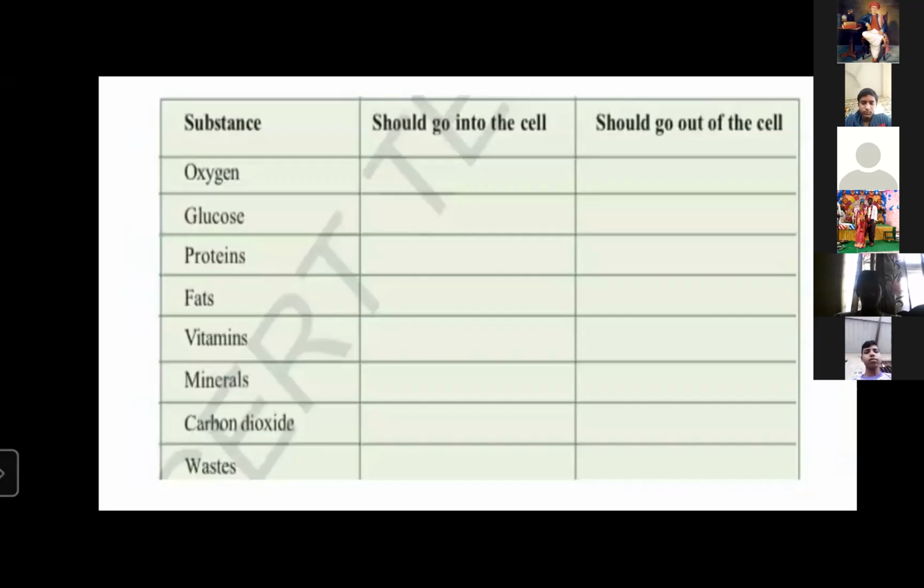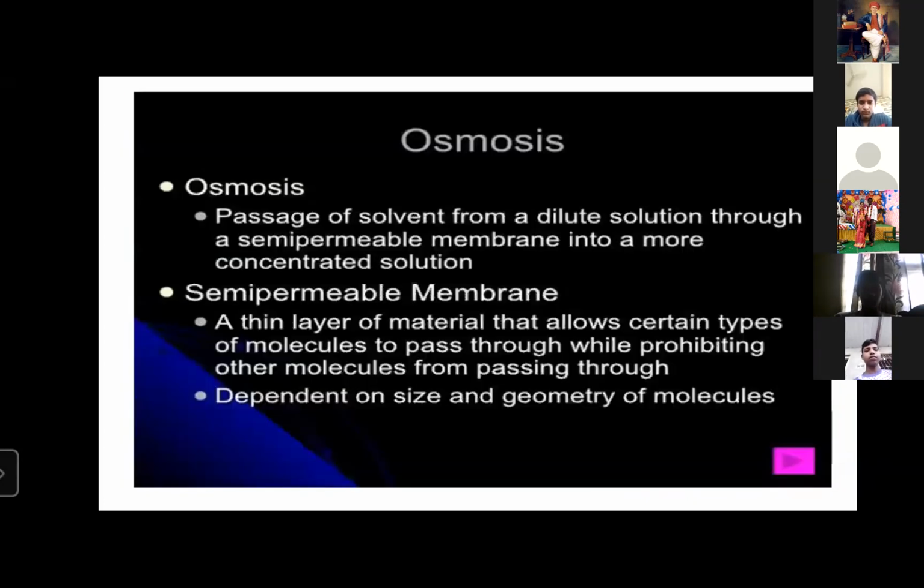And then next is osmosis. Osmosis is the passage of solvent from a dilute solution through a semi-permeable membrane into a more concentrated solution.